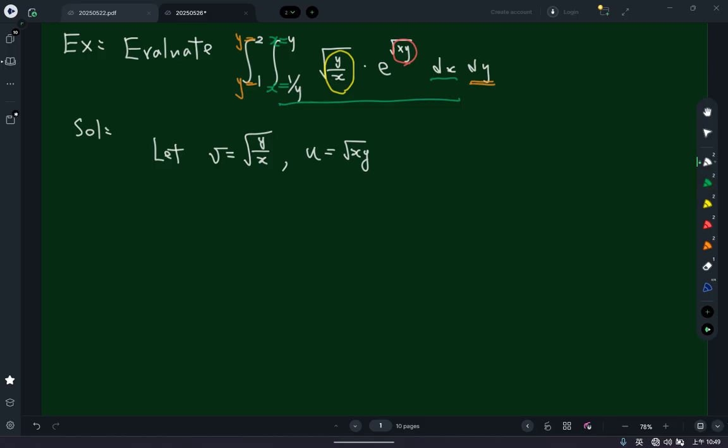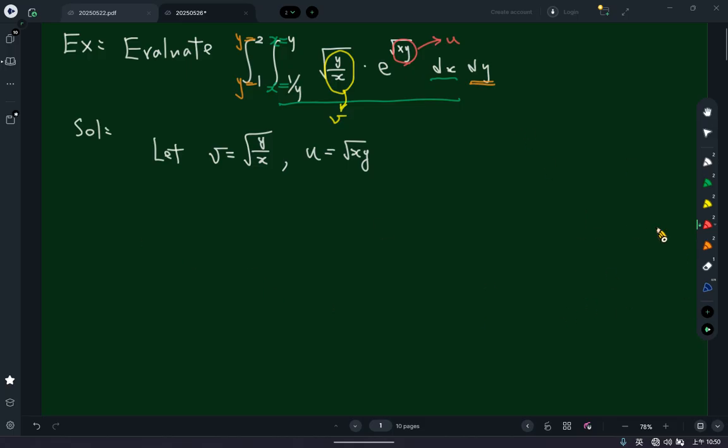That means we simplify this part as v, and this part as u. Originally, the form is complex, so we use a single variable to replace it. Later on, you can see the integrand will become simplified.